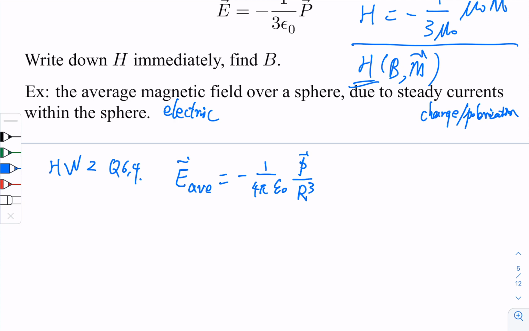And now we can even generalize the conclusion from this electrostatic problem to the magnetostatic problem.